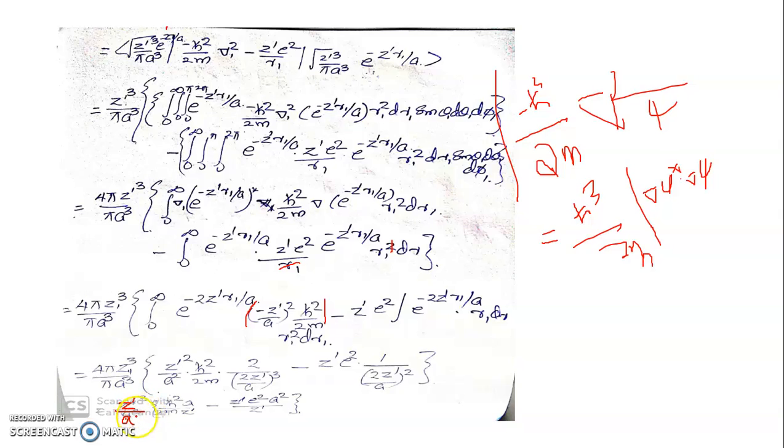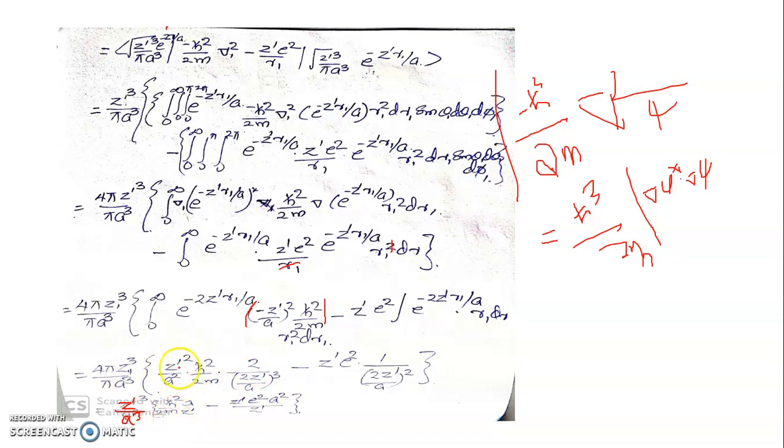Z prime cube by a cube is there. Now pi has gone, 4 is taken into the bracket. Here I'll have 4 into 2, 8, then 8 will vanish with this 2 cube, so 2 and 4 have gone. What remains is h bar square z prime square by 2m a square.